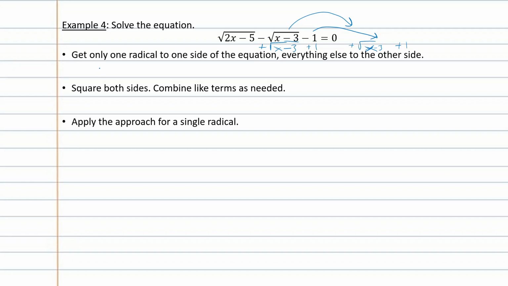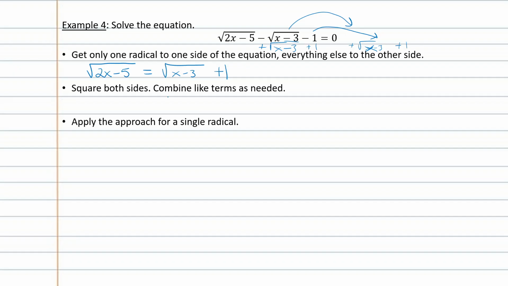Okay, so it's going to look like this. It's going to look like the square root of 2x minus 5 equals the square root of x minus 3 and then a plus 1 on the outside.